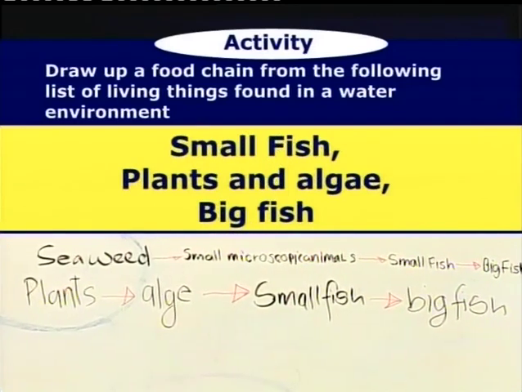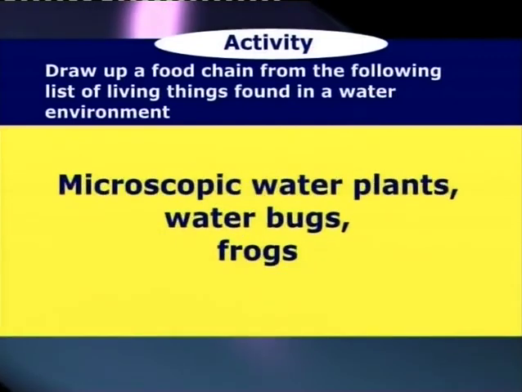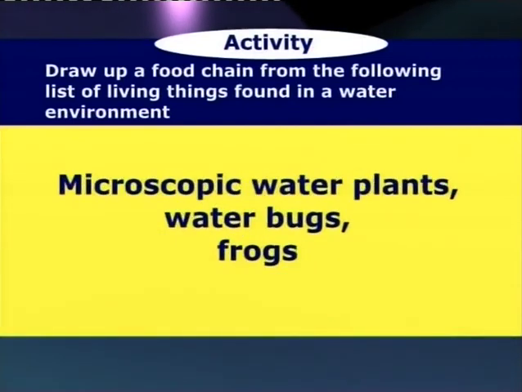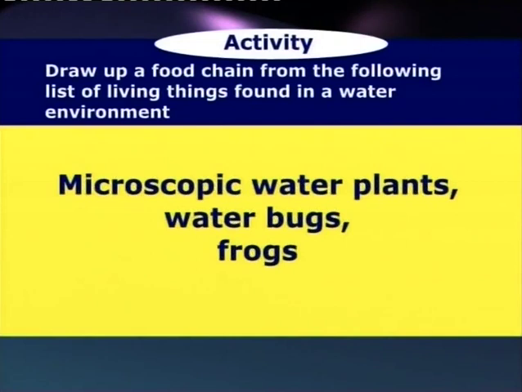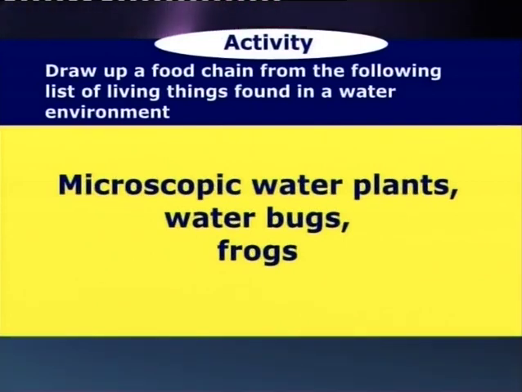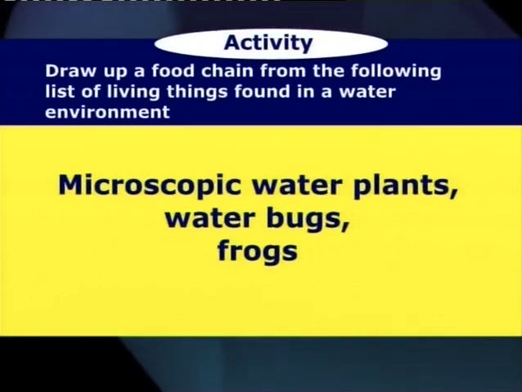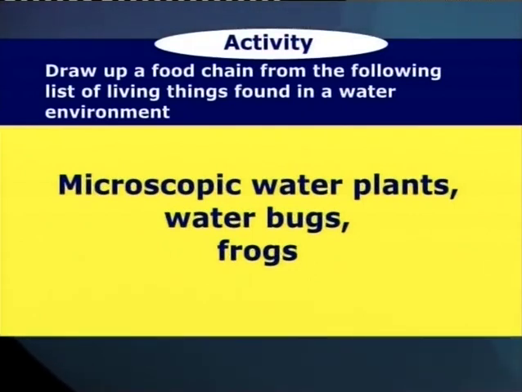Right. Receiving students, I guess we are faster than the model class. Now let's look at the other one. The other one we have microscopic water plants, water bugs, and frogs. Put that into a food chain.